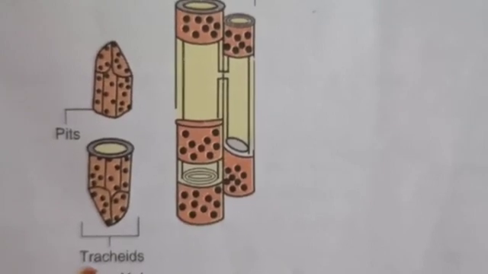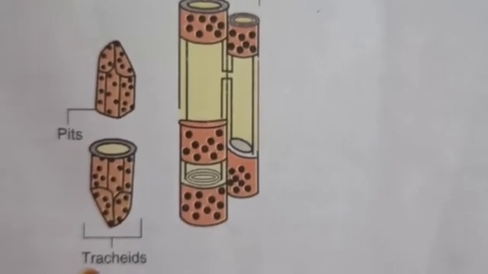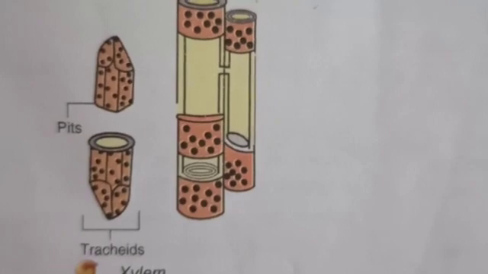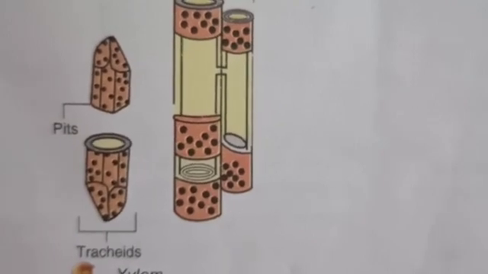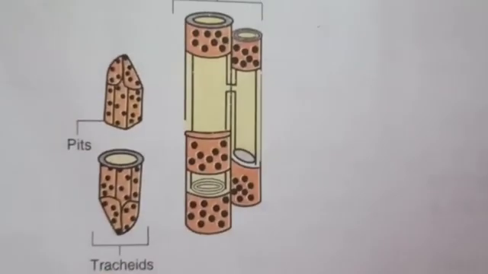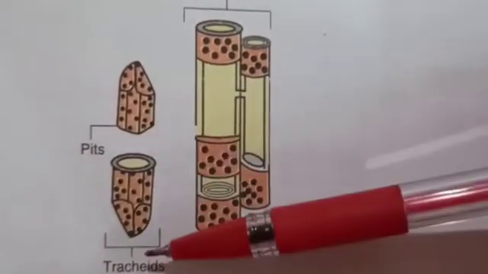The same way in plants, food, water and minerals are transported from one part to the other through these conducting tissues. So here's the structure of xylem, and here you can see these are vessels, these are pits, and these are tracheates.